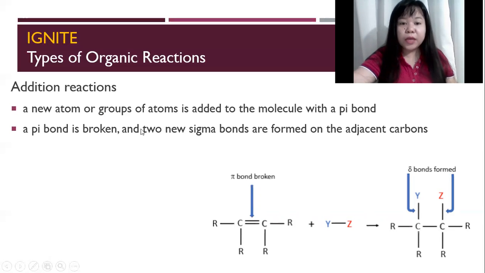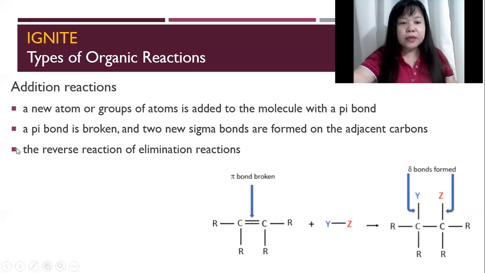So a pi bond is broken and 2 new sigma bonds are formed on the adjacent carbons. So this is the pi bond that is broken and the 2 new sigma bonds formed on the adjacent carbons. And this is the reverse reaction of elimination reactions.